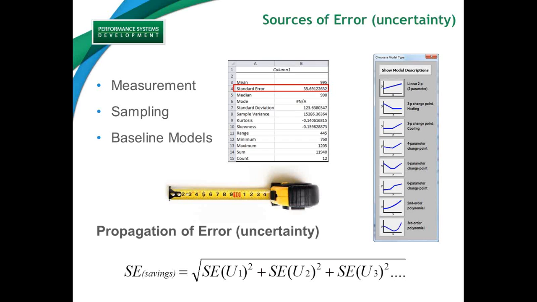So the error in the savings propagates through depending on the uncertainty of the measurements, of the sampling, and of the baseline models used to generate that savings. So a core principle here is that we're beginning to expose that second dimension: what are the errors associated with savings that we're measuring as a result of our energy efficiency investment. Key principles of IPMVP and Guideline 14.